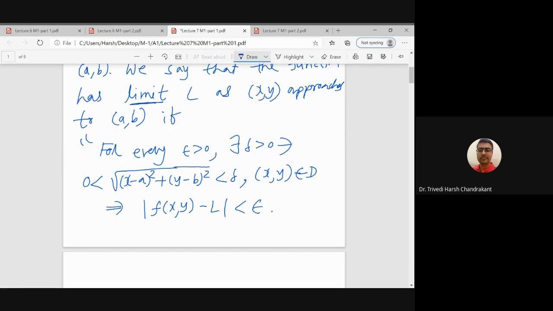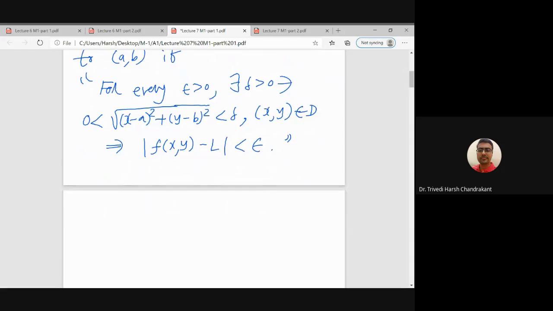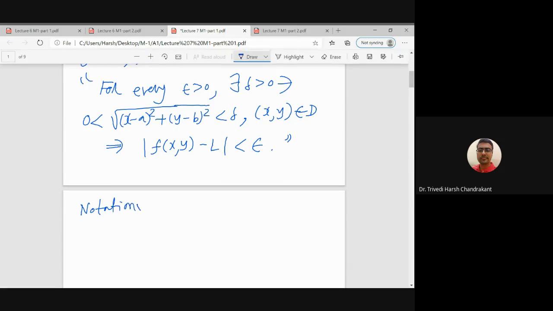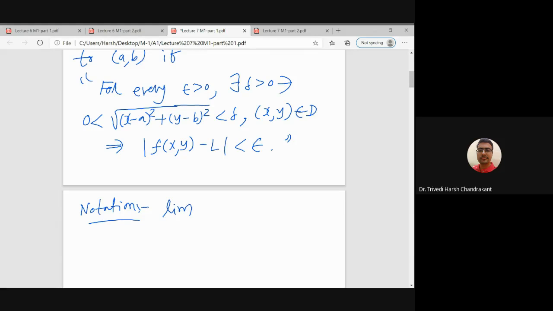That means whatever epsilon we choose, the value of the function will be epsilon close to L. So this is the definition of the limit of a function at point (a, b). And of course, the notation we use is limit as (x, y) approaches (a, b) of f(x, y) is L.